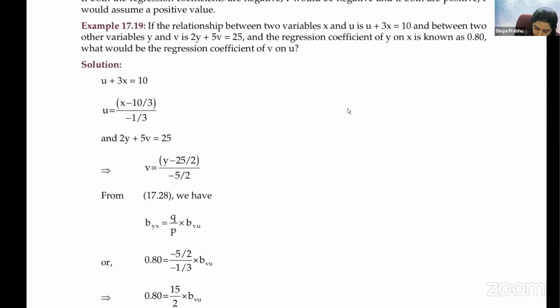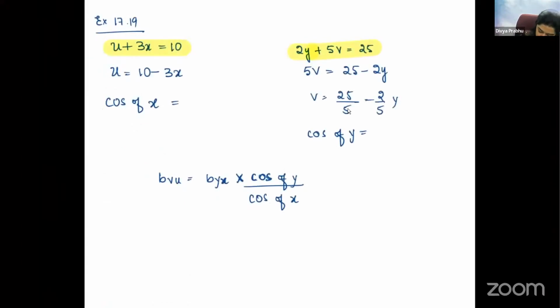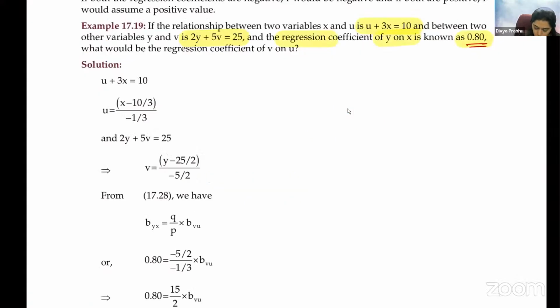You can see here, this is the equation given. Okay. Then the regression coefficient of y on x is known as 0.80. That is, the regression coefficient of y on x is 0.80. This is what is given. Correct? What would be the regression coefficient of v on u?